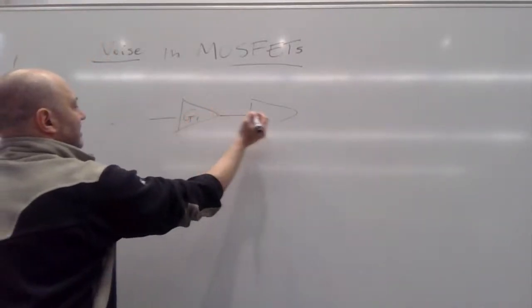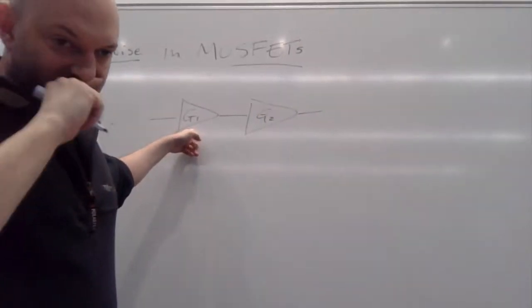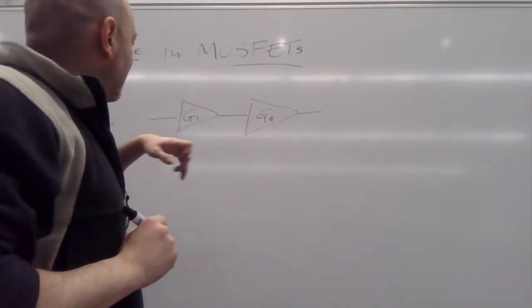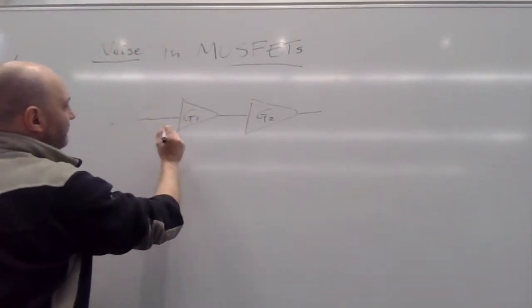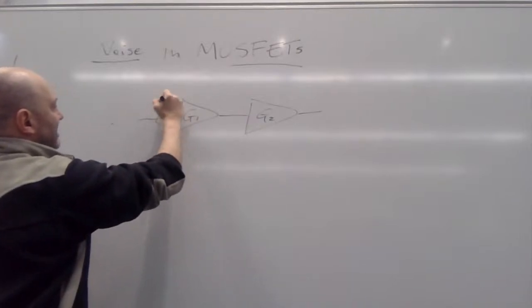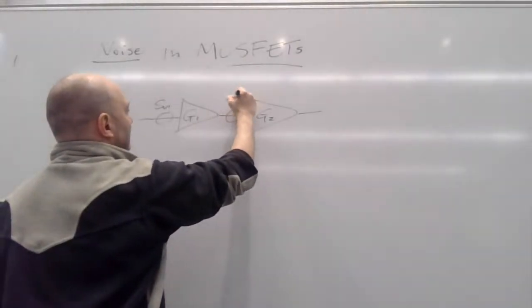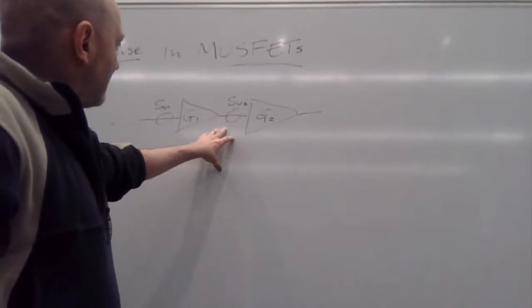Say then we have G1 and G2, the gain of the first amplifier and the gain of the second amplifier, and these two amplifiers have the voltage input noise sources, call them SV1 and SV2.